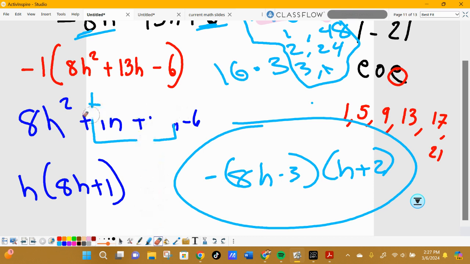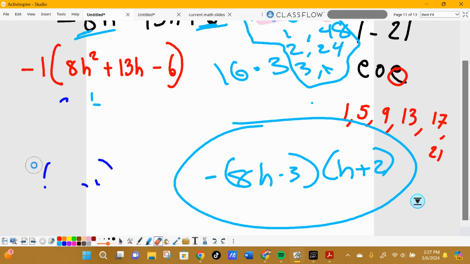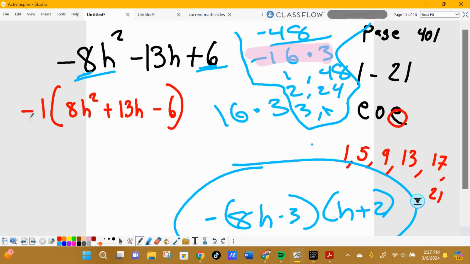This one does not. I thought I had the answer, but I did not. So 16 and 3. I factored out the negative, so that's 8h squared.